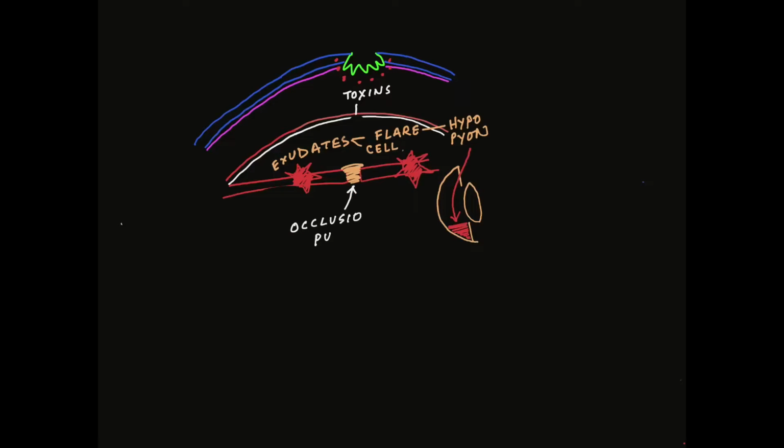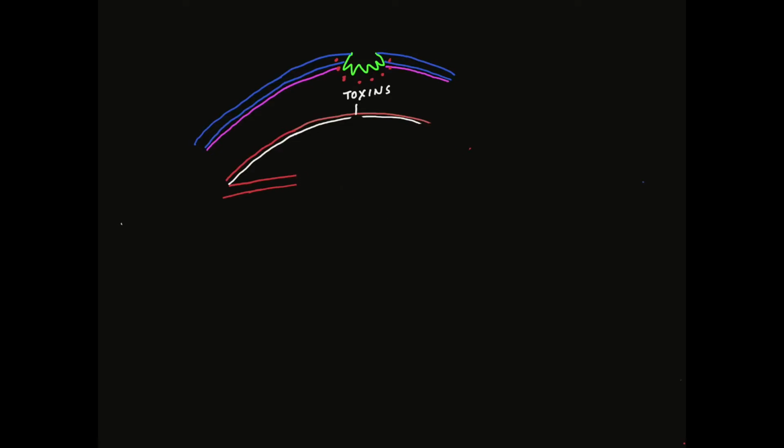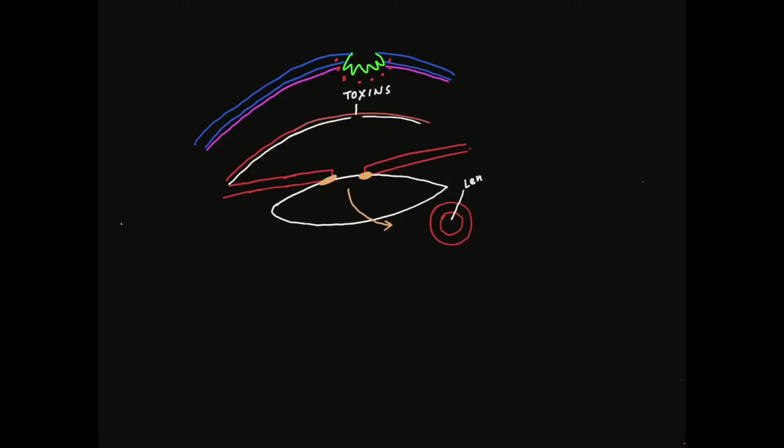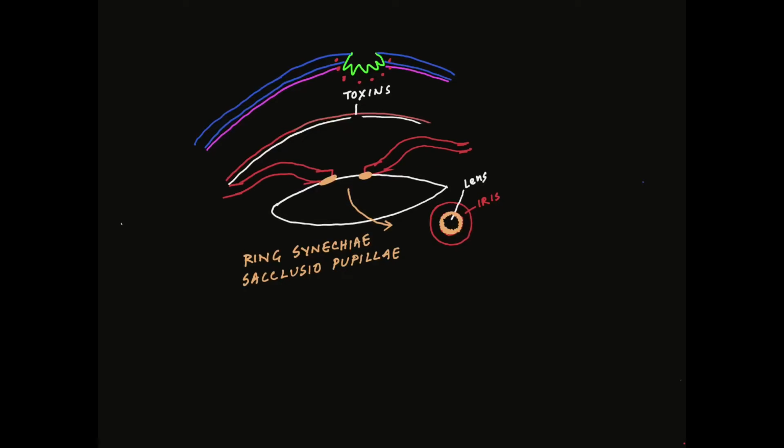This exudate may also block the pupil, which is called occlusio pupillae. Sometimes the iris gets plastered onto the lens in a circumferential, 360-degree way, which is called ring synechia. And whenever ring synechia or occlusio pupillae develops, there is accumulation of fluid behind the iris and the iris is pushed forward.